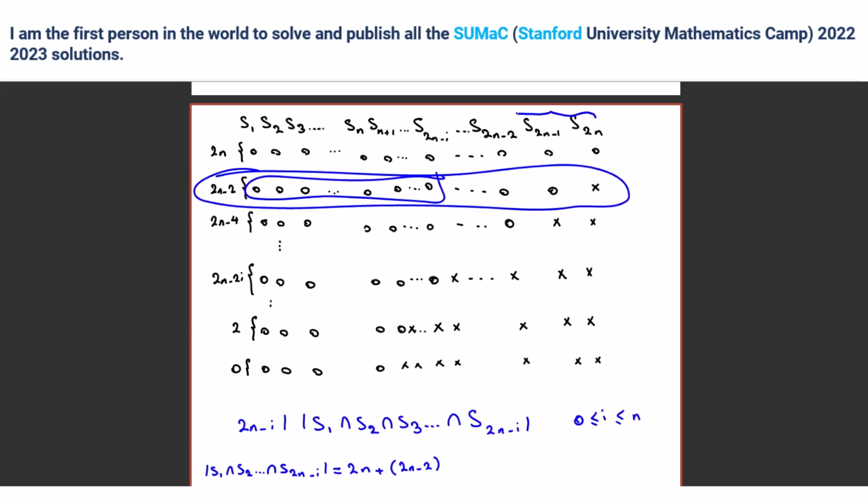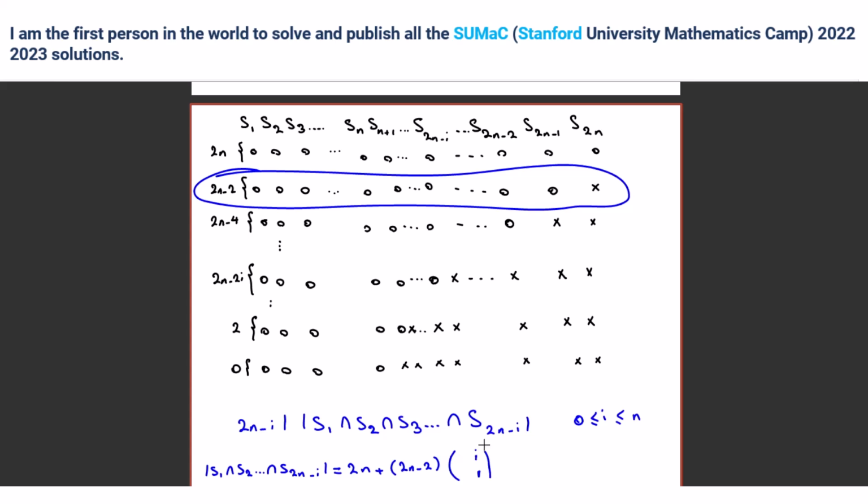This cross should be only in this part, right? Because if the cross is here, it has no effect on this, right? So one cross here. So it would be 2n minus i times, which is i choose 1. Understand?